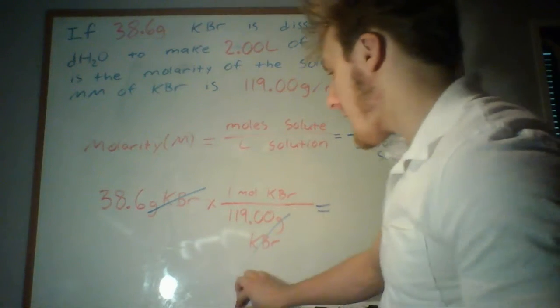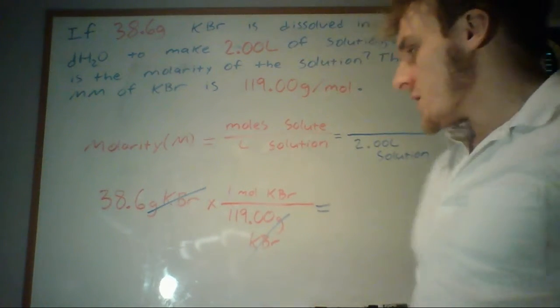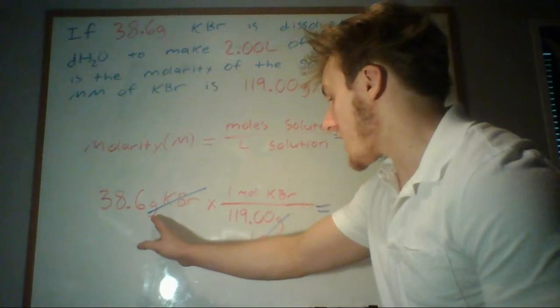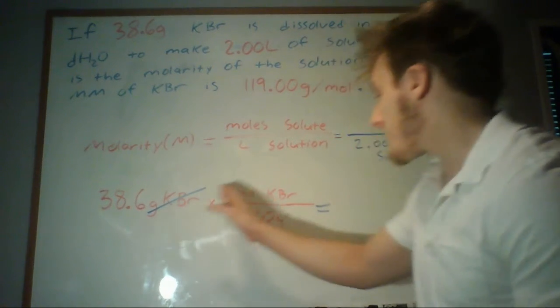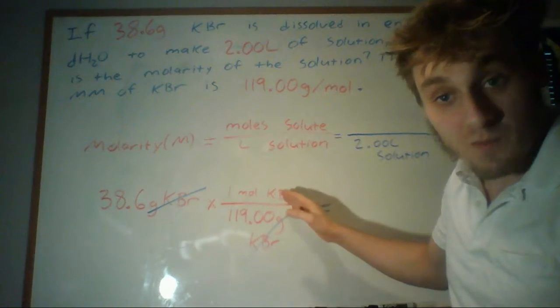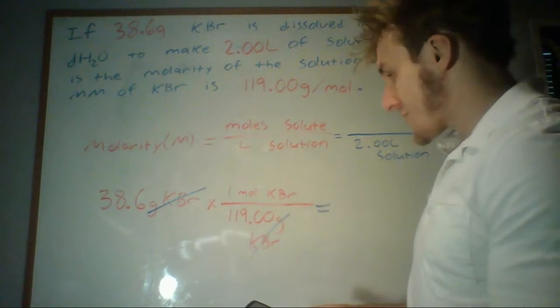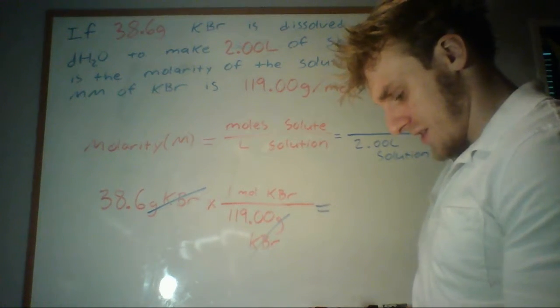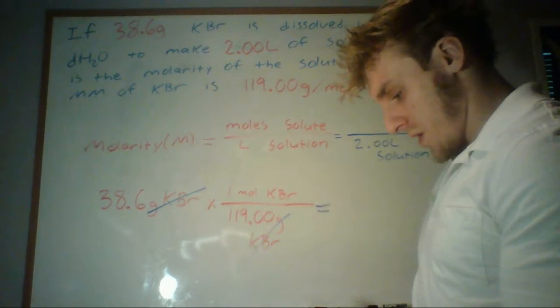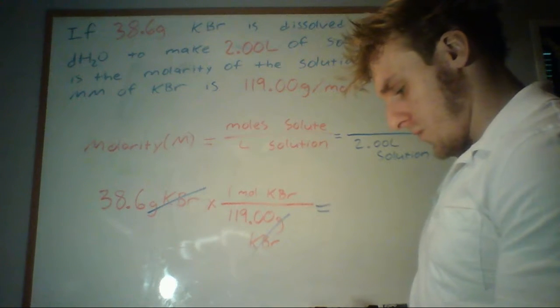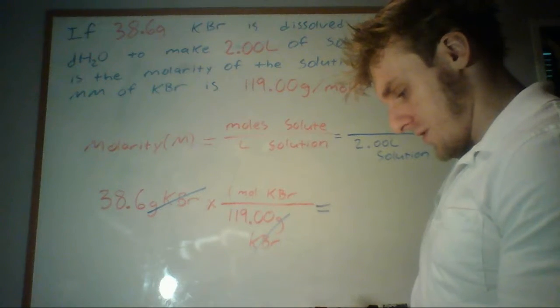So let me grab my calculator. So we're going to take 38.6 grams, and we're going to multiply by 1 mole, and then we'll divide by 119.00. So 38.6 times 1 divided by 119.00.